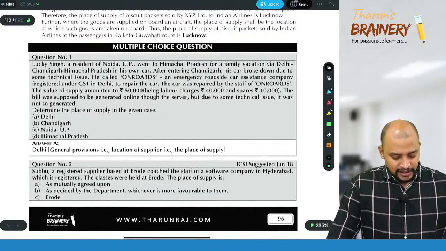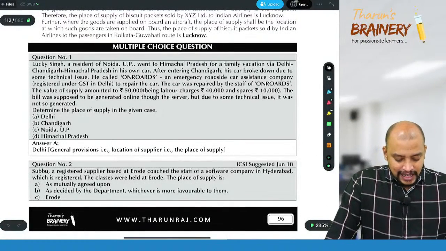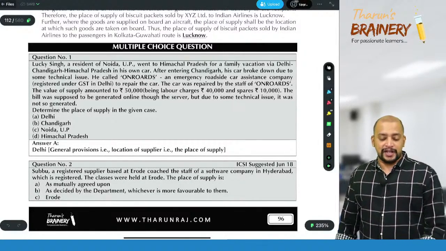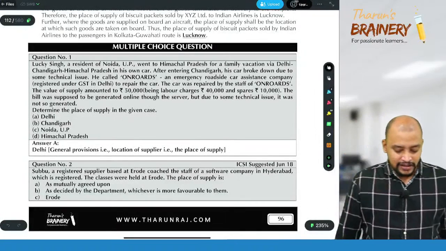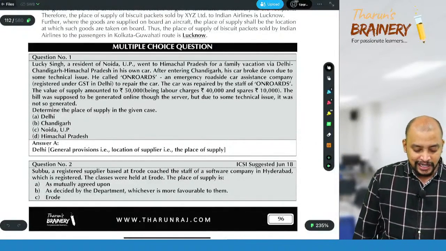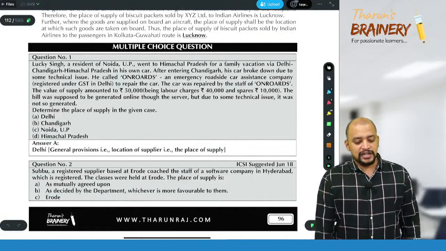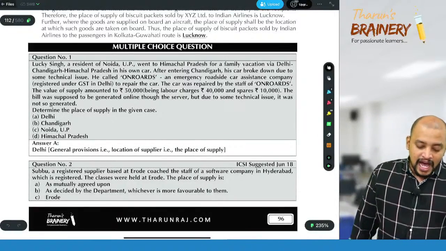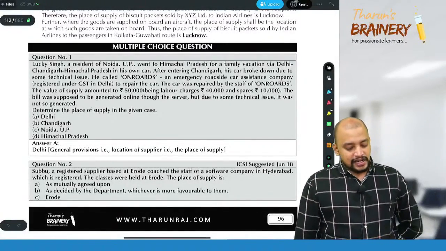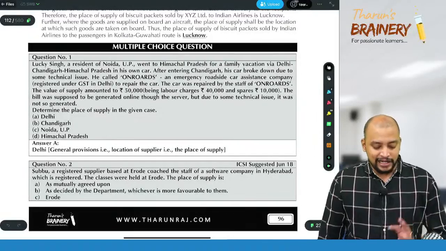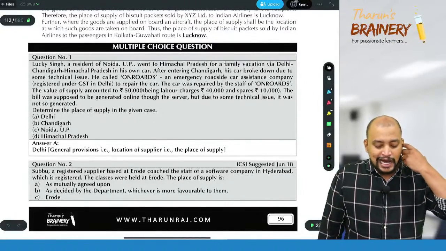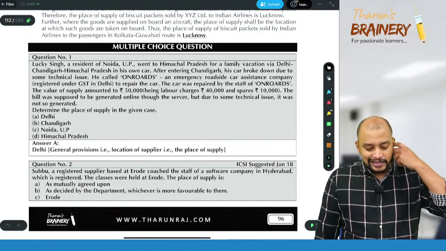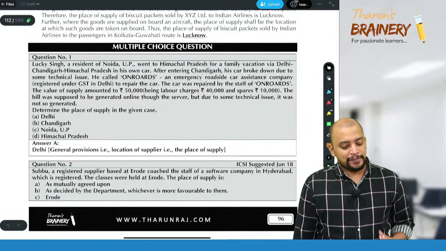Question number 1. Lucky Singh, a resident of Noida, Uttar Pradesh, went to Himachal Pradesh for a family vacation via Delhi, Chandigarh, Himachal Pradesh in his own car. After entering Chandigarh, his car broke down due to some technical issue. He called On Roads, an emergency roadside car assistance company registered under GST in Delhi, to repair the car.